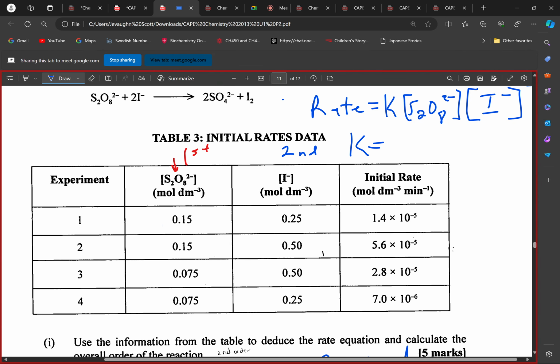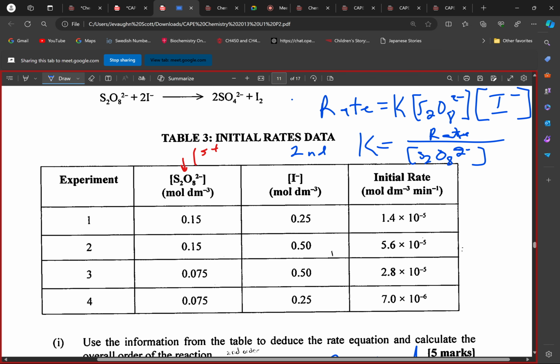If we transpose, k would be equal to the rate divided by the concentration of our reactants, S2O8 2 minus and iodide.